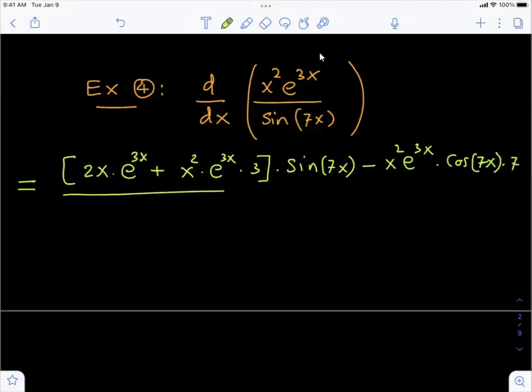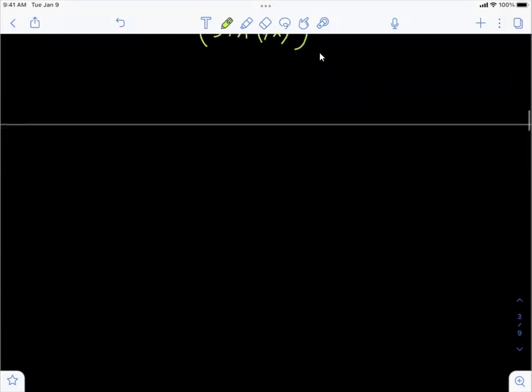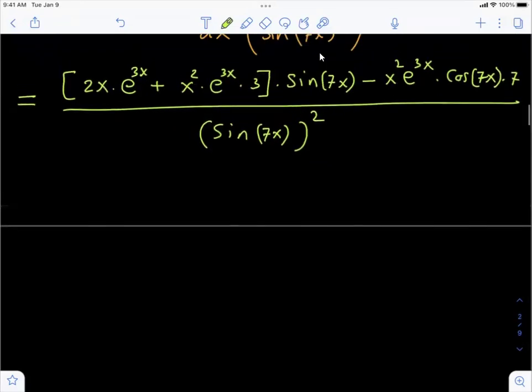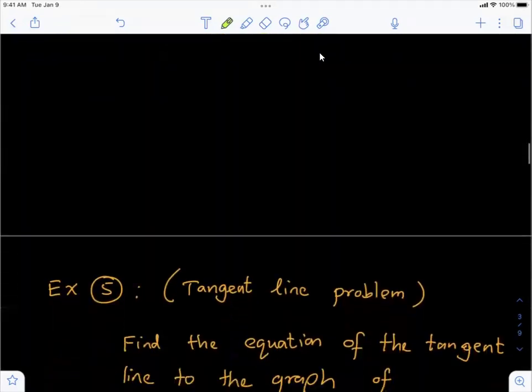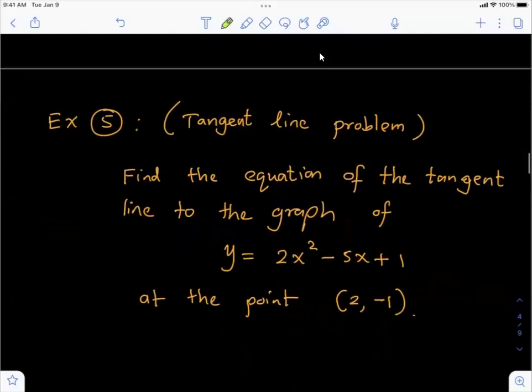The whole thing is divided by the square of sine 7x, which is the denominator of the original function. So this is a combination of problems just to recall the interesting derivative computations.